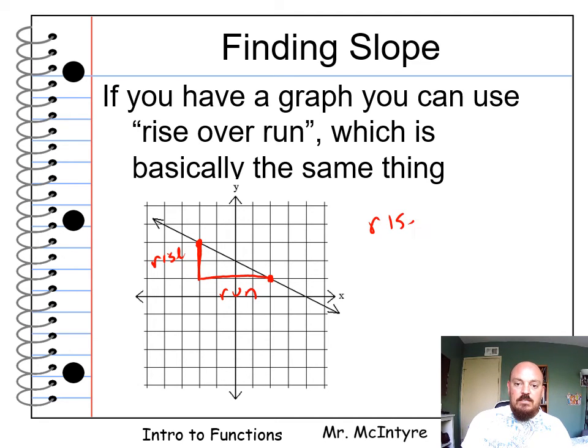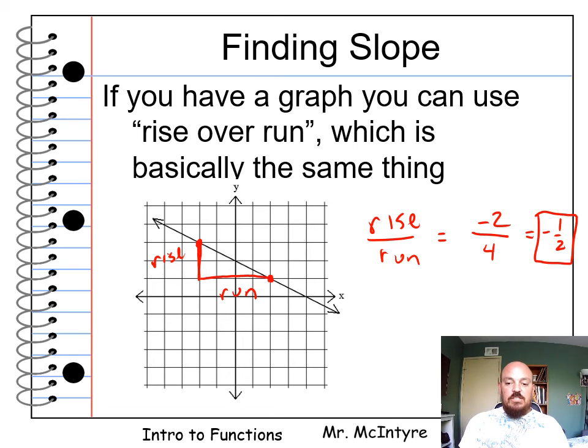So when I do rise over run, number 1, when I do rise, remember, I didn't go up, I went down, and when you move down, that's negative. So the rise is actually -2. And then the run went 4 spots to the right. That's positive direction. So that would be +4. And my answer, if you reduce that, would actually be -1/2 for slope.